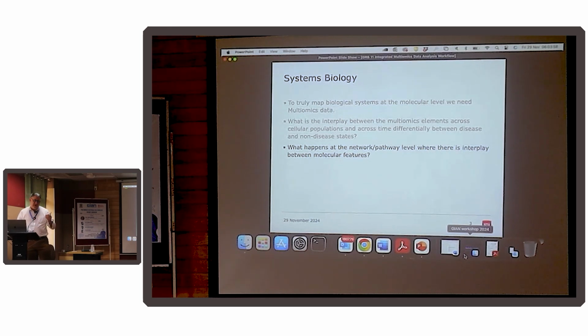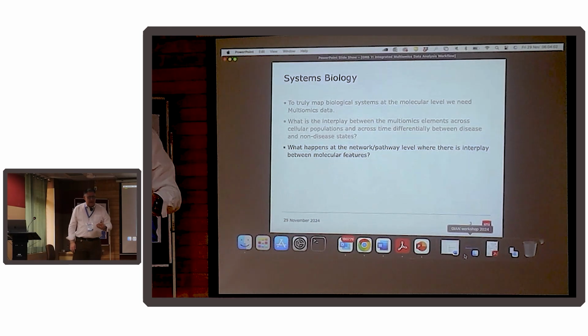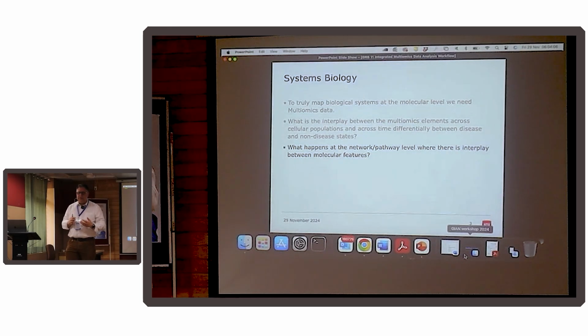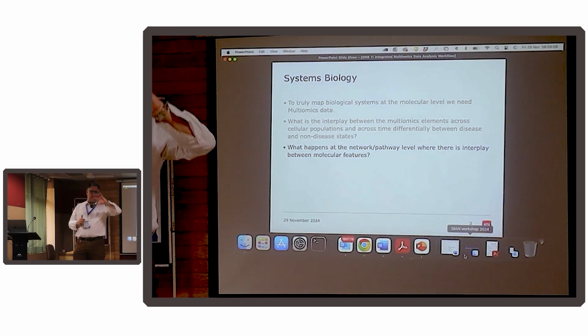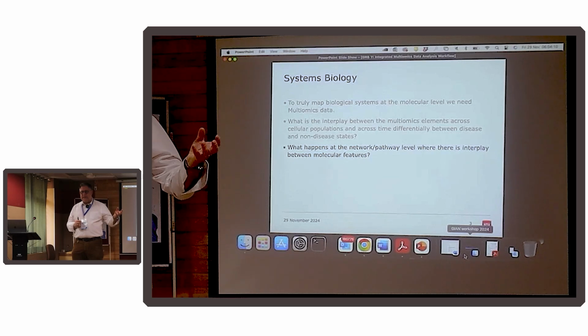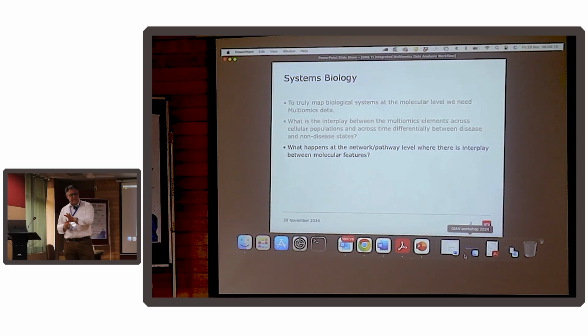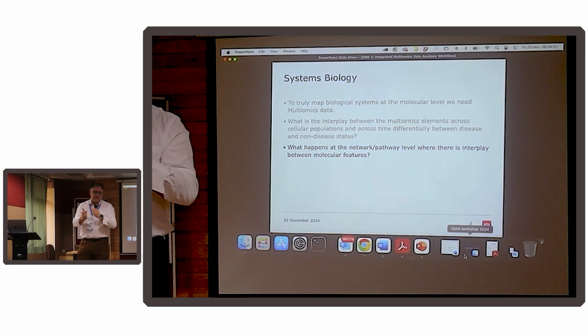So what happens then at the network pathway level when there's interplay between molecular features? As I said, by looking at a map of the pathway, by modelling that, you can get a quantification of the pathway. You can quantify that pathway across multiomics levels, but how do things change?